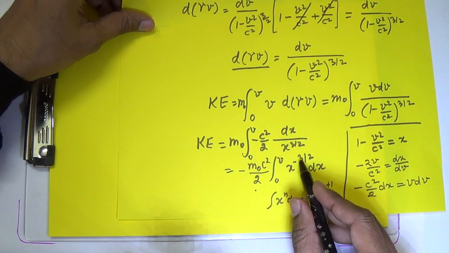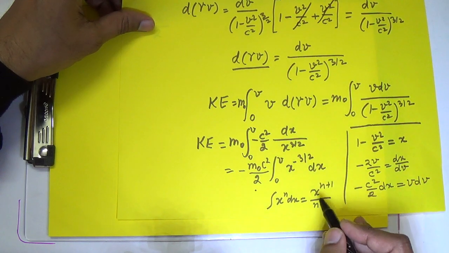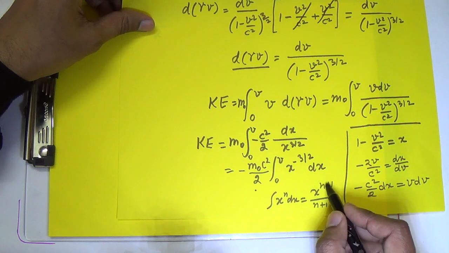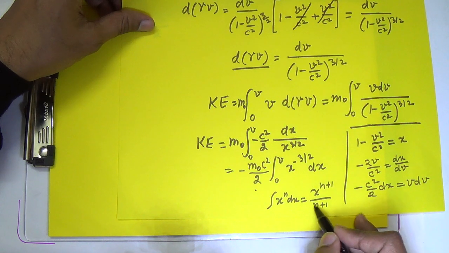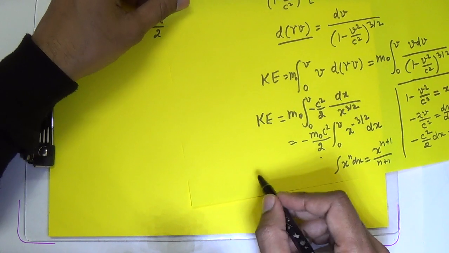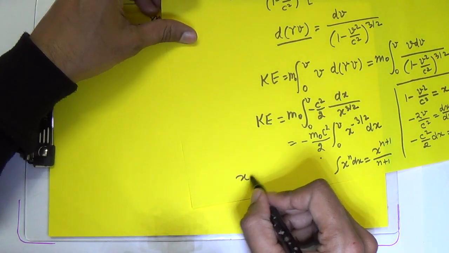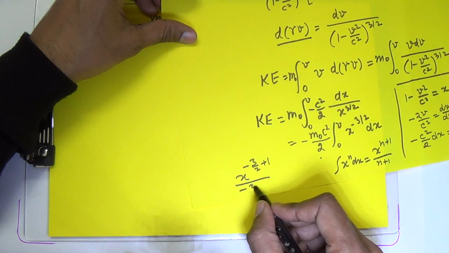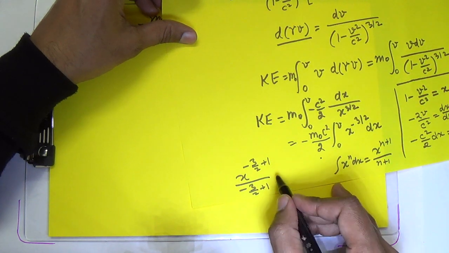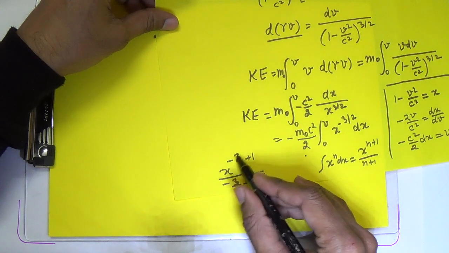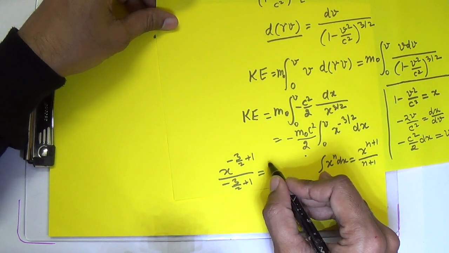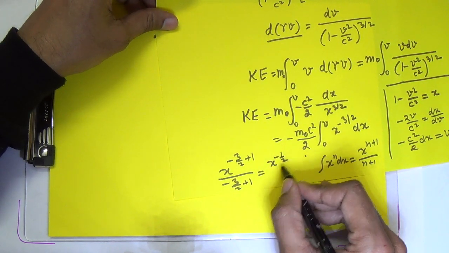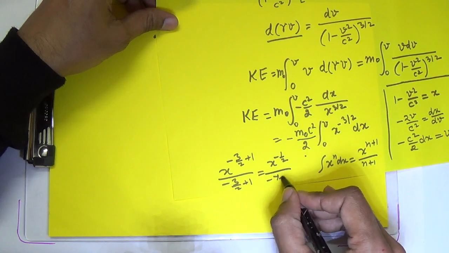So here n is equal to minus 3 by 2, so x to the power minus 3 by 2 plus 1, upon minus 3 by 2 plus 1, is equal to x to the power minus 1 by 2, upon minus 1 by 2.